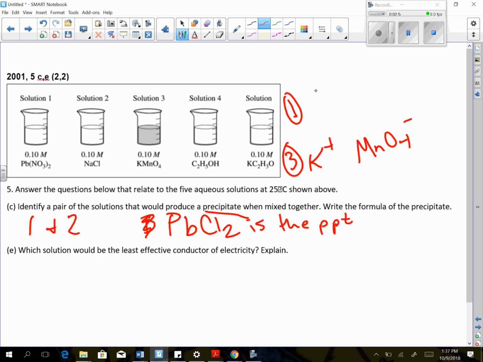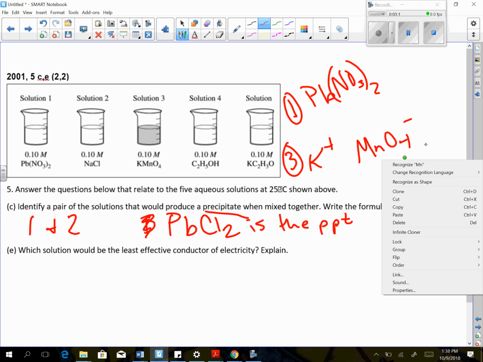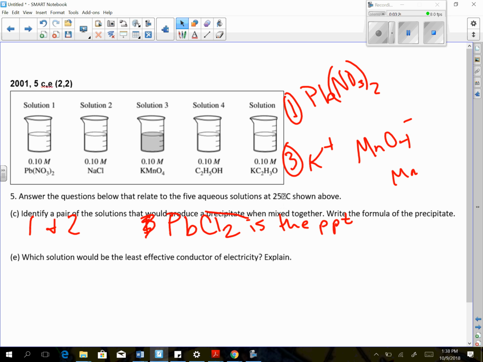If you look at solution 1 and solution 3, Pb(NO3)2, when those 2 react, you probably didn't have this one, but it actually undergoes a redox reaction, and the permanganate ion forms MnO2. So if you selected 1 and 3, that would also be accepted.